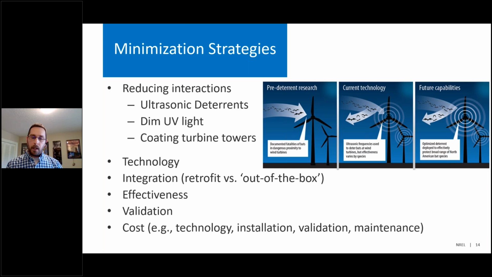Here, there are complications with these types of strategies as well. We're dealing with technology and integration issues. How effective are they? And there are costs associated with studying these technologies and implementing them as well.